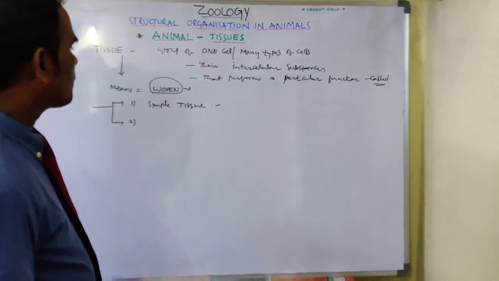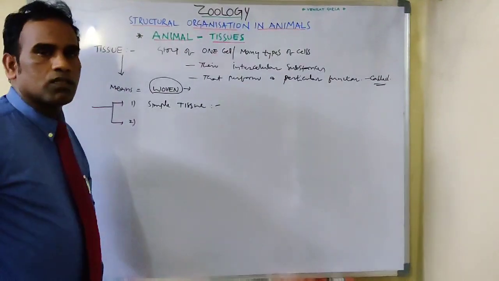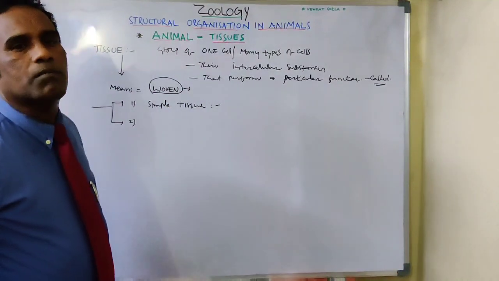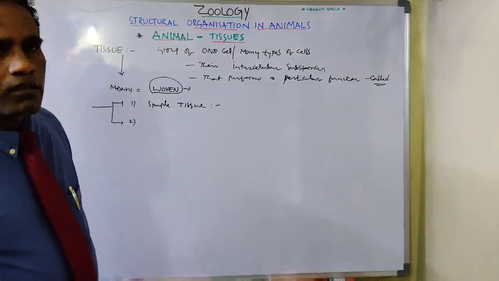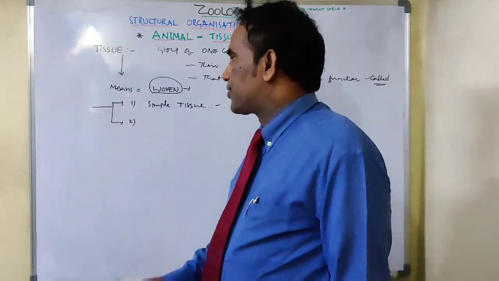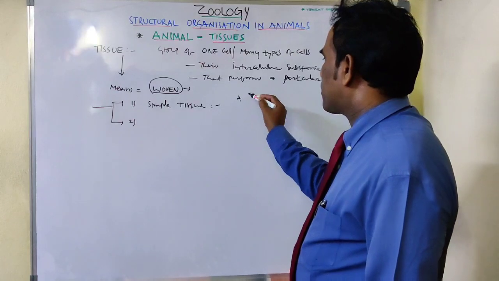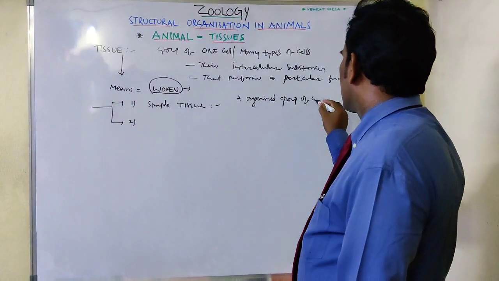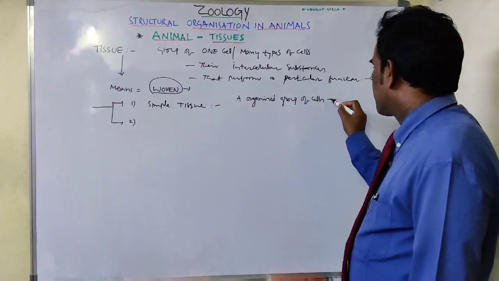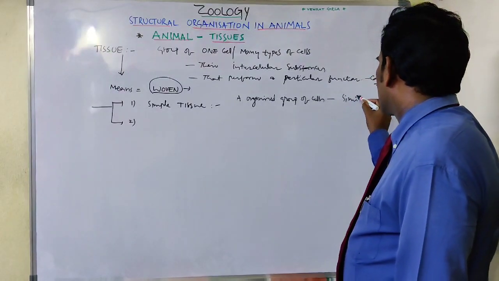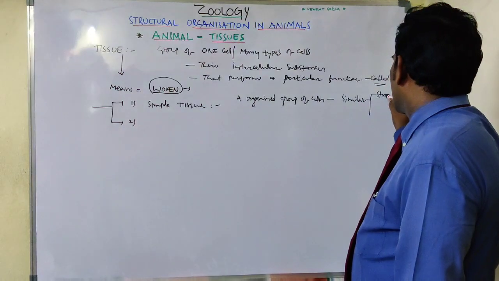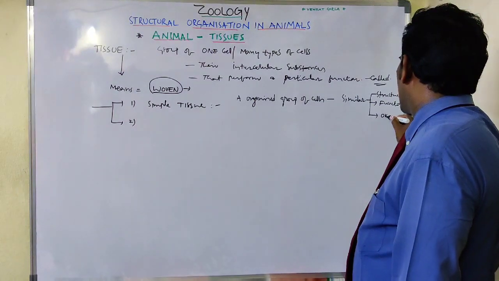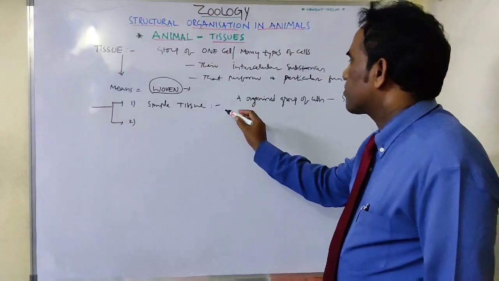One is a simple tissue, and another is a compound tissue. So what is a simple tissue? An organized group of cells which are similar in structure, function and embryological origin is called a simple tissue.